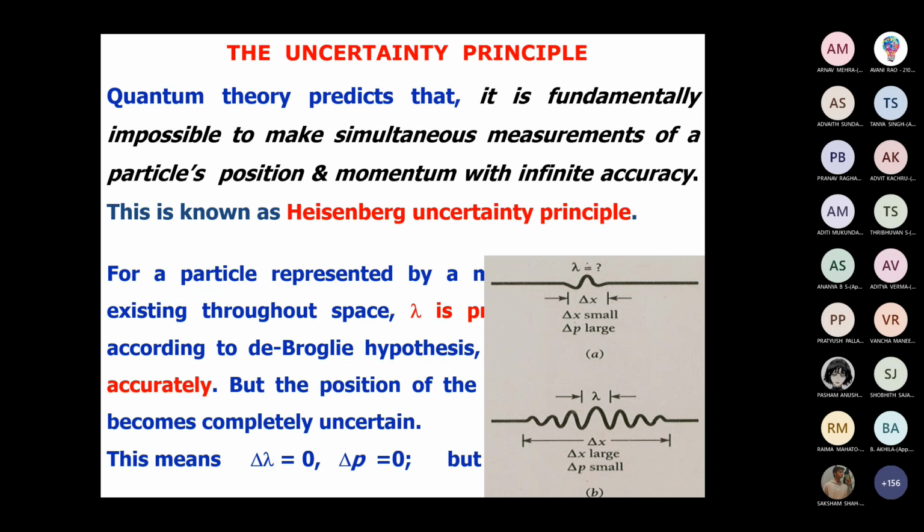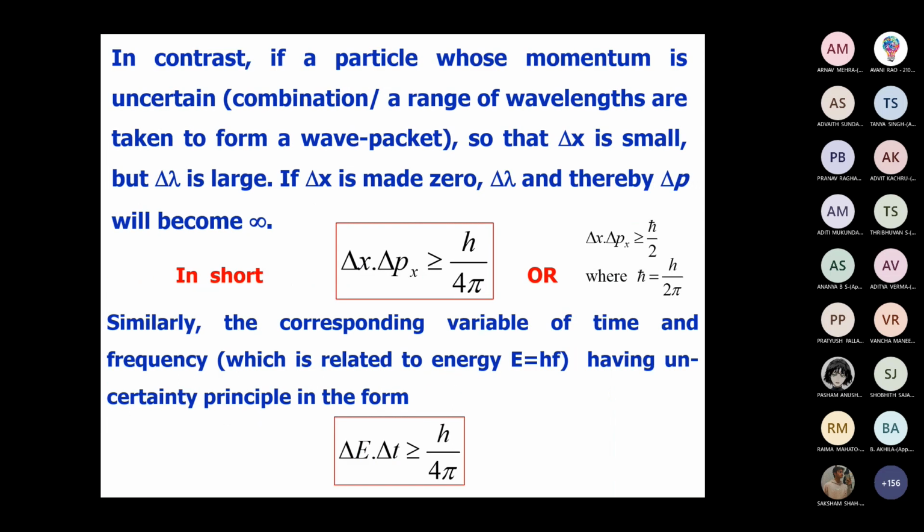Here the two uncertainties we are talking about are delta x and delta p. The equation is delta x into delta px is h by 4 pi, or h cross by 2 in some textbooks you might have noted. H cross means h by 2 pi.